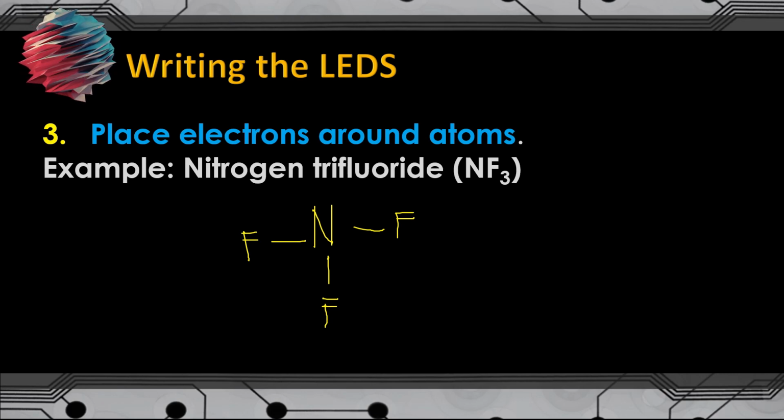Giving each fluorine 6 electrons, we will have 18 electrons. Then the 2 more electrons go to nitrogen. Remember to allocate the number of electrons based on the original valence.